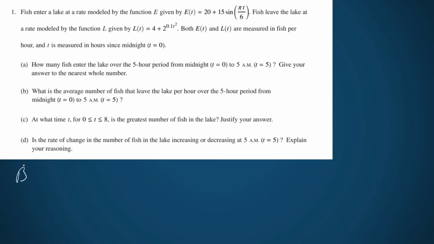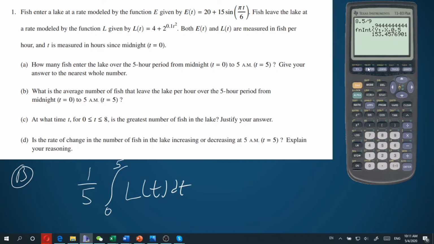Okay, part B. If I want to know the average number of fish that leave the lake, what do I need to do? That's 1 over 5 times the integral of L(t) dt, integral from 0 to 5. We'll do the same thing, only this will be y2 for us, and then I'm going to divide by 5.